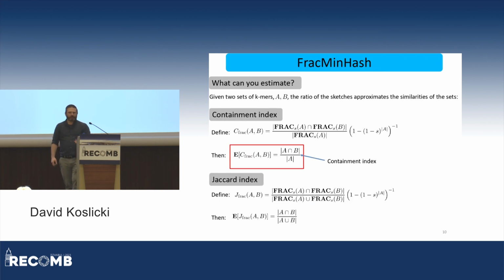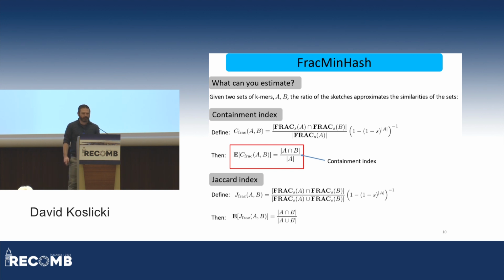But one of these sketching approaches is only helpful if you're actually approximating something that's useful. So in our case, we can prove in this manuscript that given two sets of k-mers, the ratio of the sketches actually approximates two kinds of set similarities, the containment index and the Jaccard index. So in particular, if you take the cardinality of the intersection between two of these sketches divided by the cardinality of one of the sketches, multiplied by this mysterious thing on the right that I'll mention in a bit, then in expectation over the hash function, you get an unbiased estimate of the containment index.